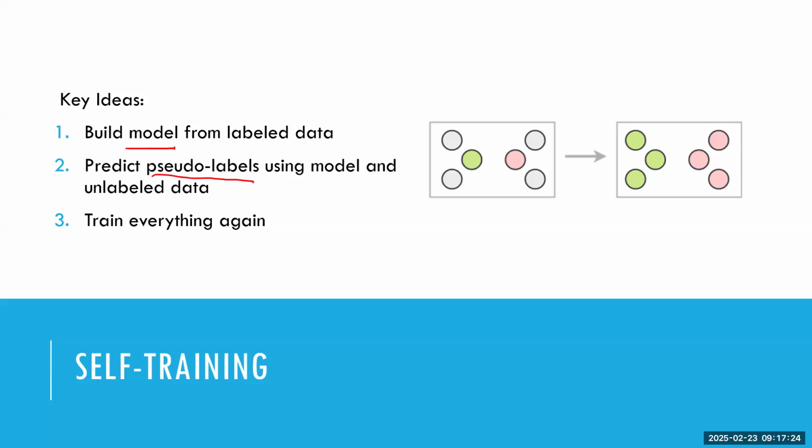So we have to not trust this pseudo label too much, because it's something that comes from your model that you still don't trust. So how can we improve this? We don't want to rely on the pseudo label too much, but we still want to use the model that we have from the labeled data.